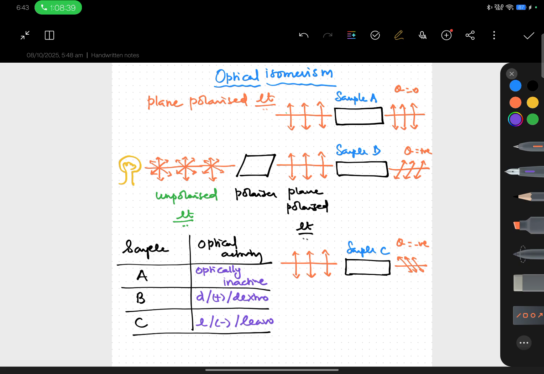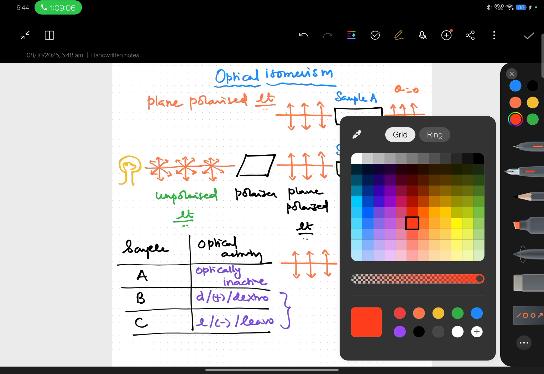Finally, if the sample doesn't rotate the light in any direction, the plane polarized light is unperturbed. After passing the light through the sample, the light is not getting deflected in any direction. We call it optically inactive, while for dextro and levo, we call the sample optically active. Please make a note.